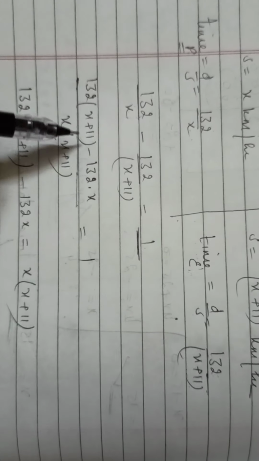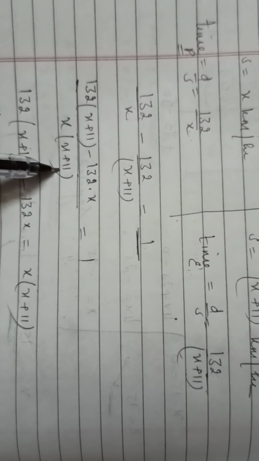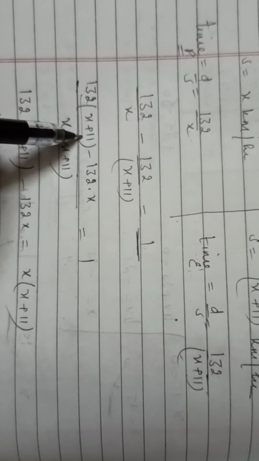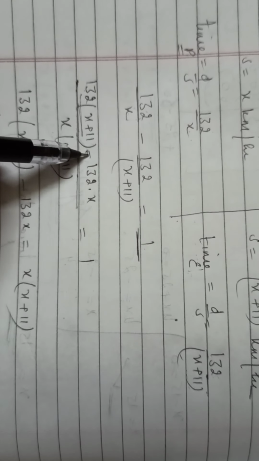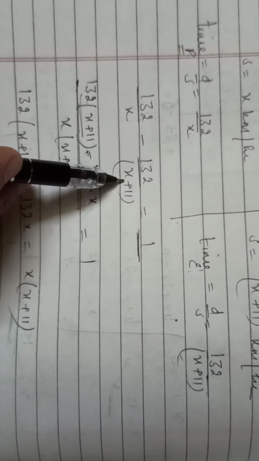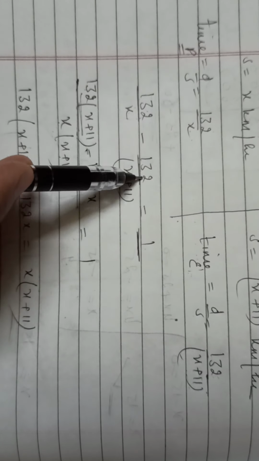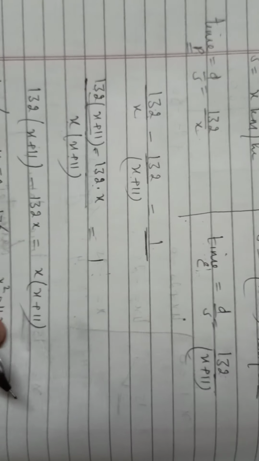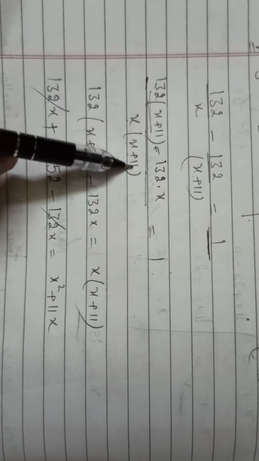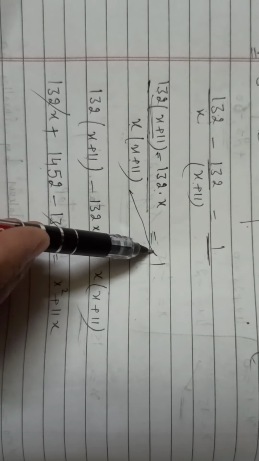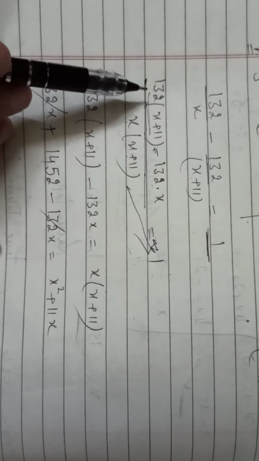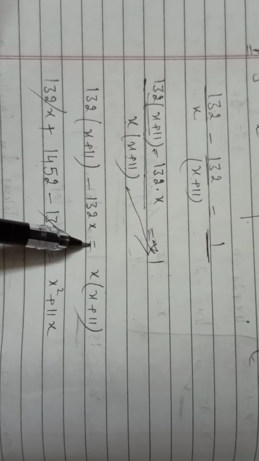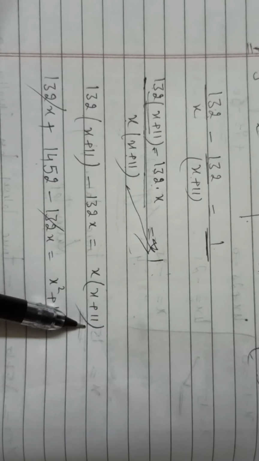Solve the equation. LCM is x into x plus 11. This divided by x plus 11 multiplied by 132, we will be getting this. Minus this divided by x, what will be left? x multiplied by 132, it is 132x, is equal to 1 times x into x plus 11.